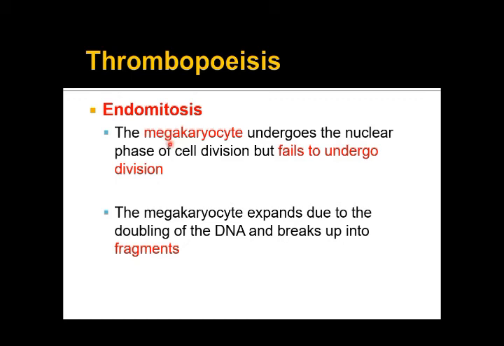So a megakaryocyte is a very large blood cell that's still found in the bone marrow. As the megakaryocyte matures, it will start piecing off fragments of itself. And those fragments are what we call thrombocytes or platelets.